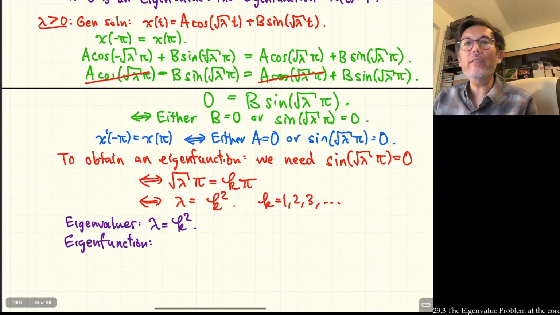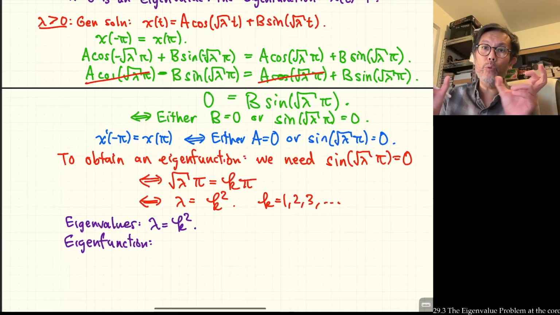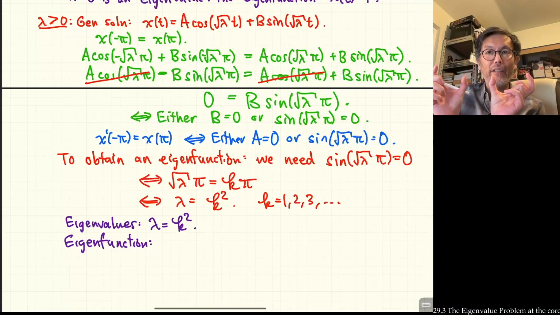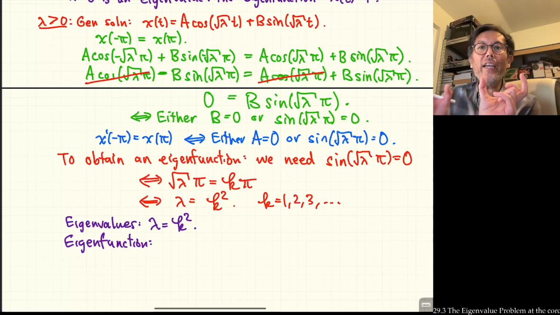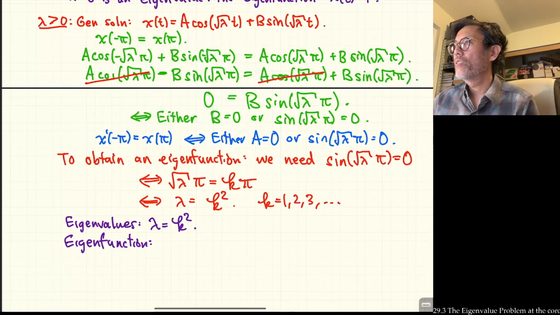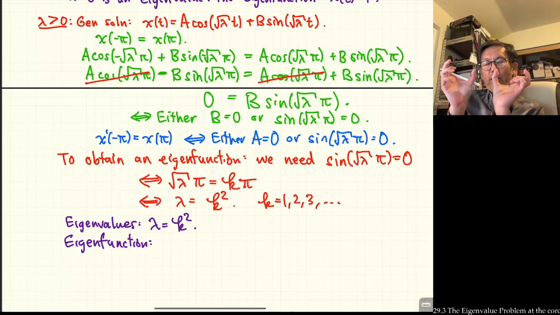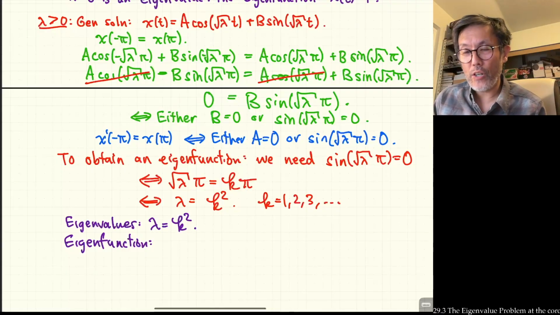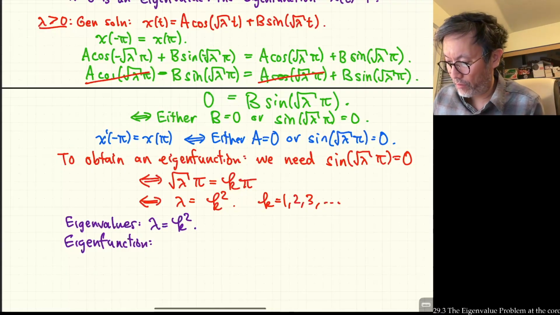And so what that means is that for each eigenvalue, we actually get two linearly independent eigenfunctions, a cosine kt and a sine kt. And we can take an arbitrary superposition of them, okay? So the way I'm going to think about it is that I have an eigenfunction associated to each eigenvalue.